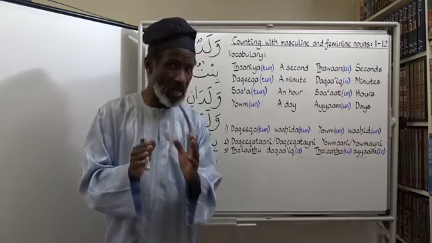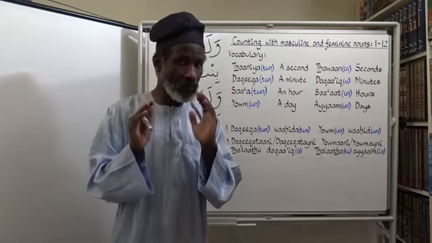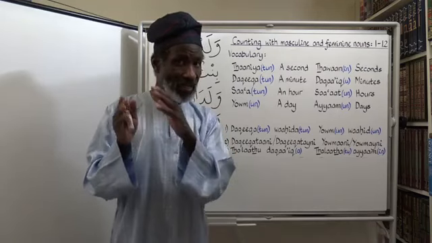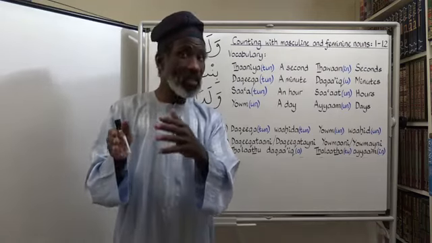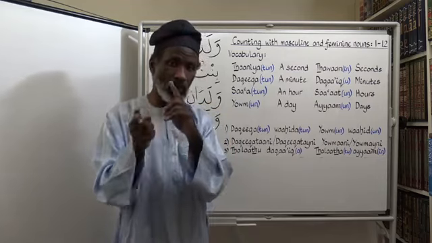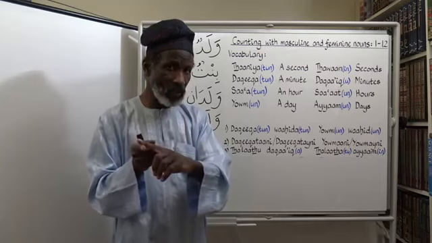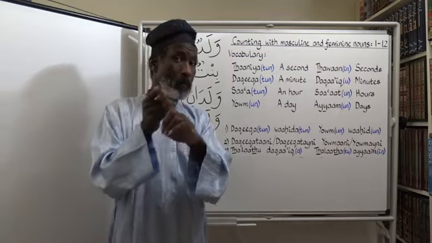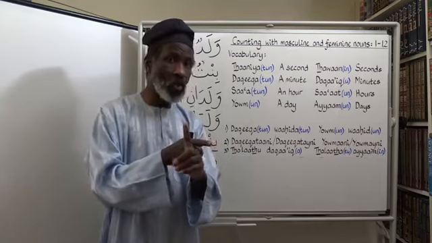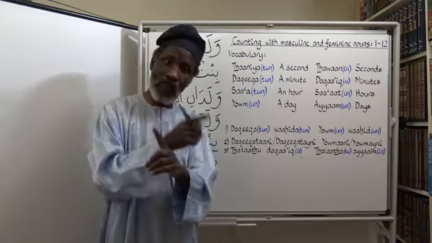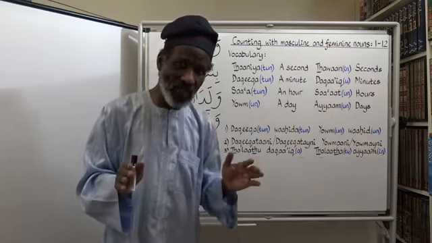That's what I mean by, if you are counting items 3, 4, 5, 6, 7, 8, 9, 10, the gender must be opposite. You use the feminine of those numbers to count masculine, and you use the masculine to count feminine. That is the setting.